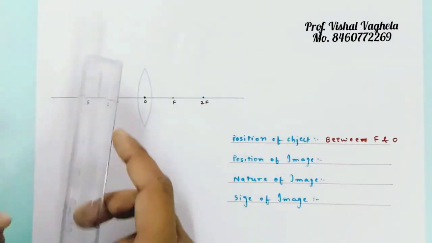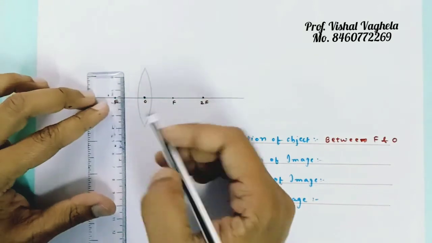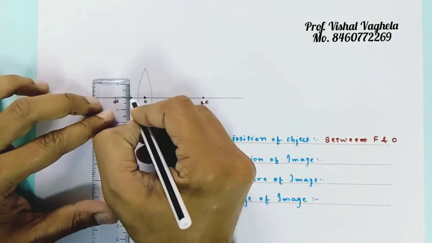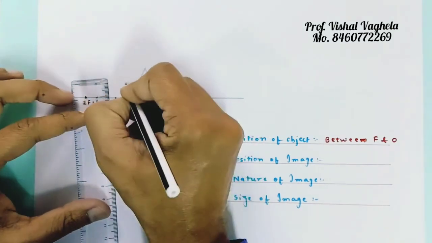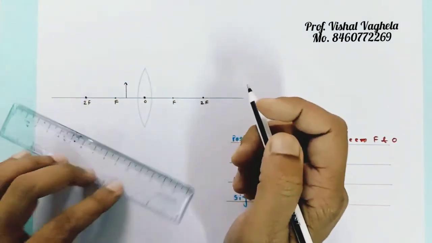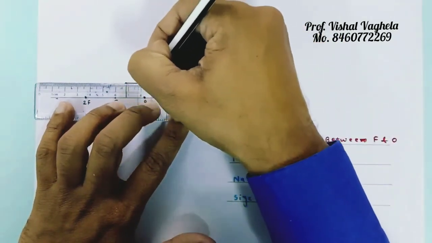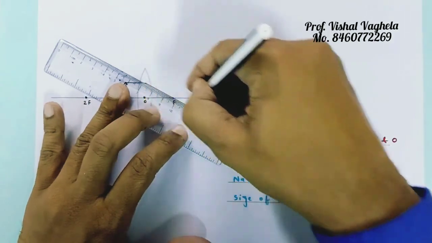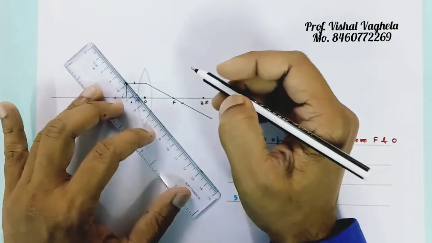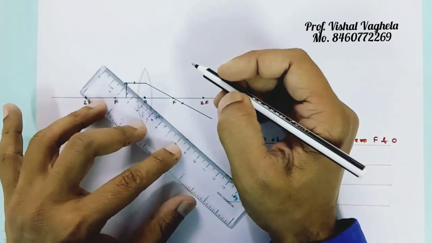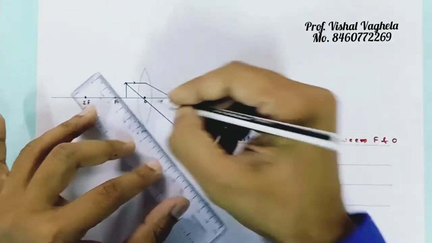In the final case, we are going to keep the object between F and O, like this. Now here first ray again parallel, passing through F, second ray directly going from O, like this.